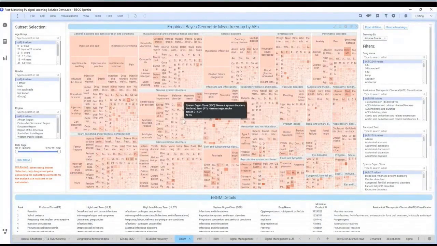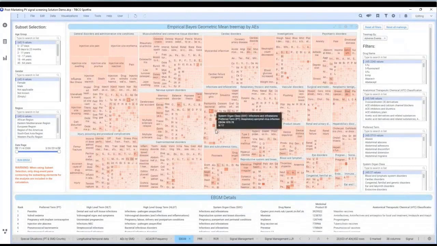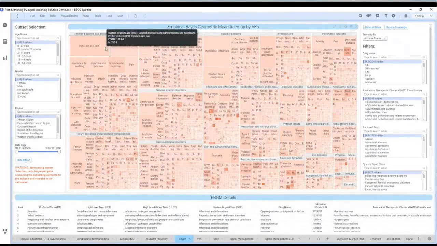And this one is showing the result for EBGM, and the result signal scores are shown using a tree map. But we also provide a detailed table down below here. In the tree map, as you can see, there are bigger tiles and smaller tiles. The bigger tiles correspond to a large number of reports associated with this specific adverse event preferred term.